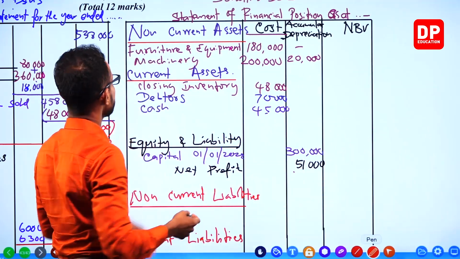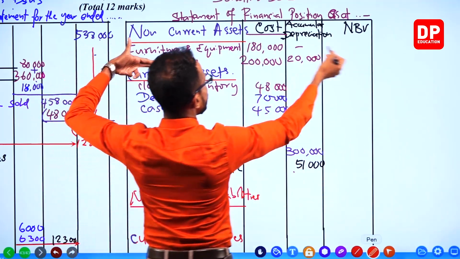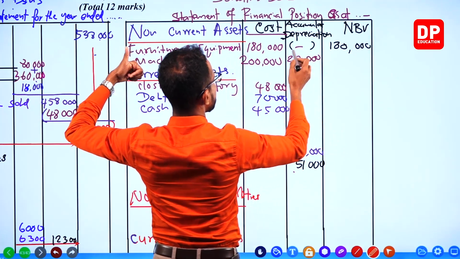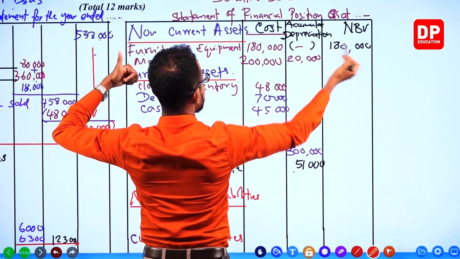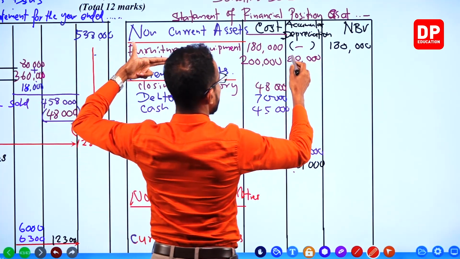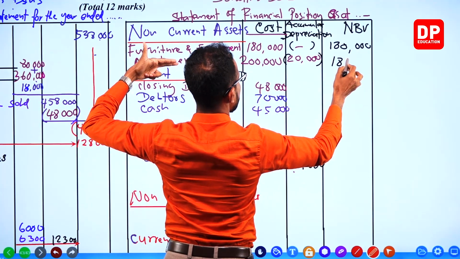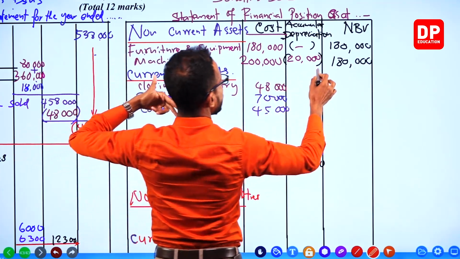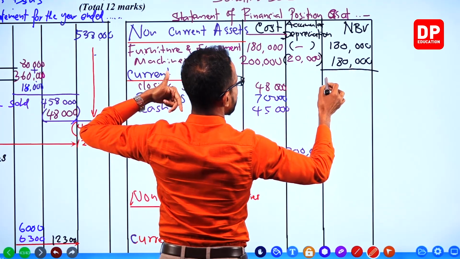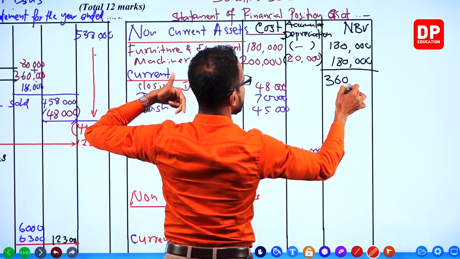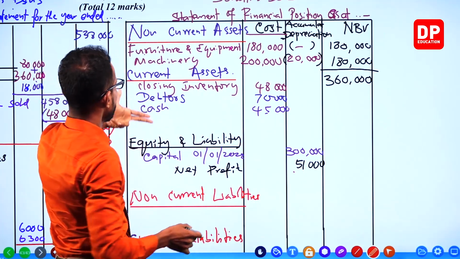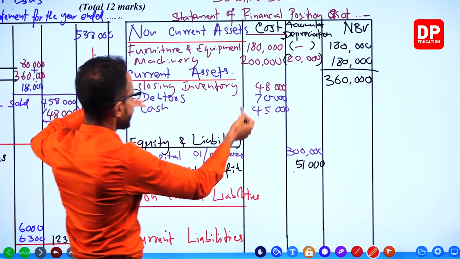Let's do the calculations. Let's do the adding and subtracting. No, nothing to subtract. Here it's 0, so 180 goes to this column, third column. 200,000 minus 20, 180, it's 360,000 non-current assets. Then you come down to current assets.